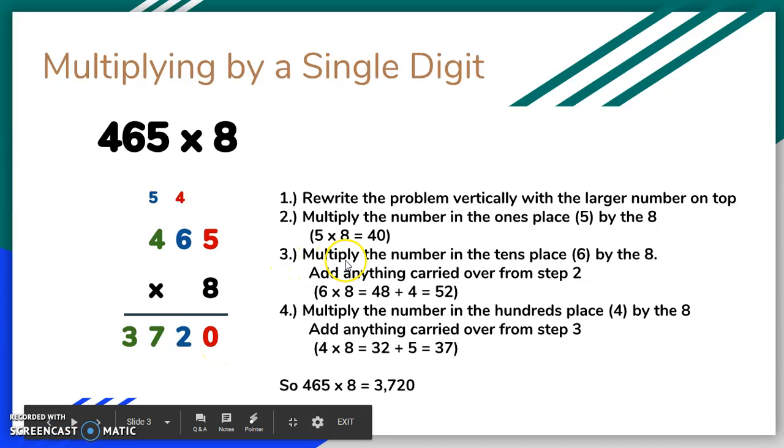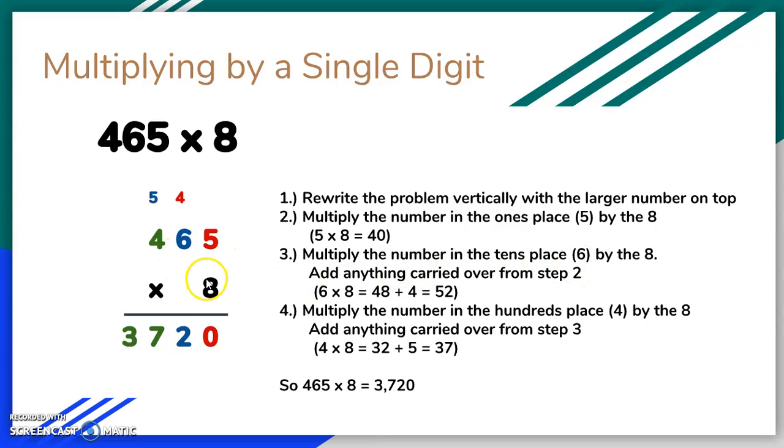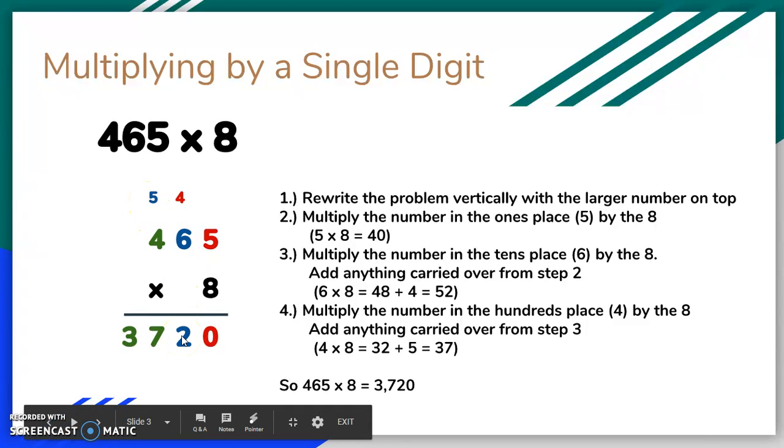Then I multiply the number in the tens place, the 6, by the 8. So I do 6 times 8. 6 times 8 is 48. And I have to add anything that I carried. So 48 plus 4 is 52. The 5 gets carried over and the 2 gets written down.